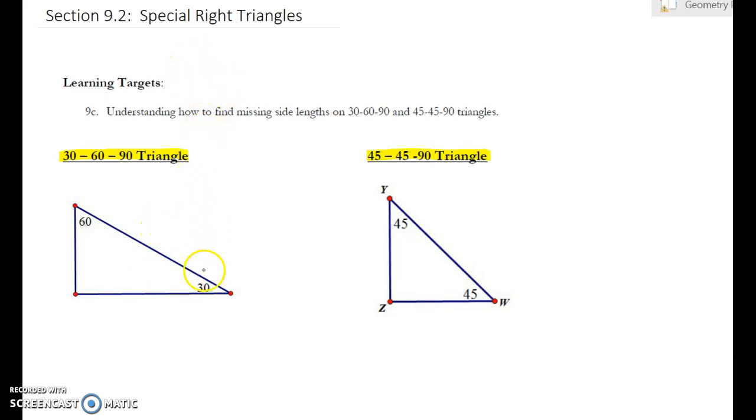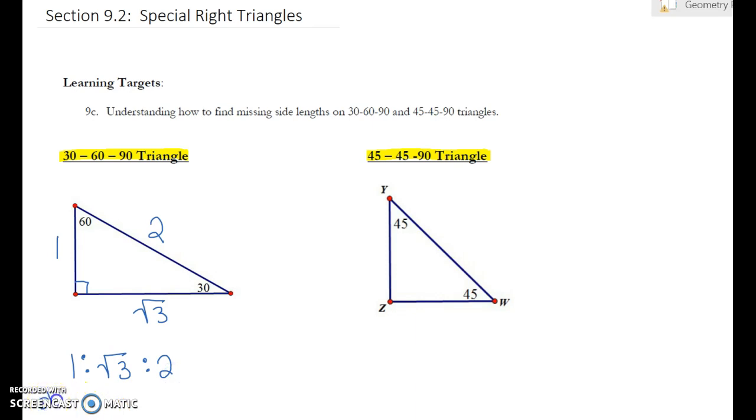Okay, when you have a 30, 60, 90 triangle, the side that is the shortest side has a ratio of 1. The longer side has a ratio of square root of 3, and then the hypotenuse has a ratio of 2. And so the ratio is 1, square root of 3, 2.